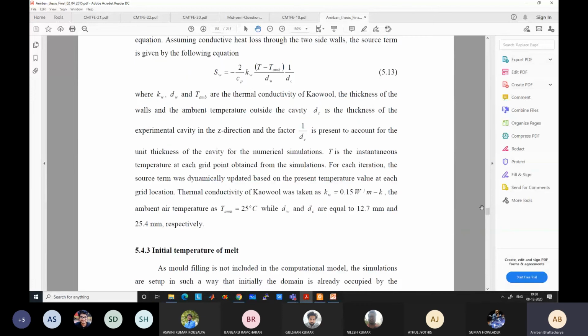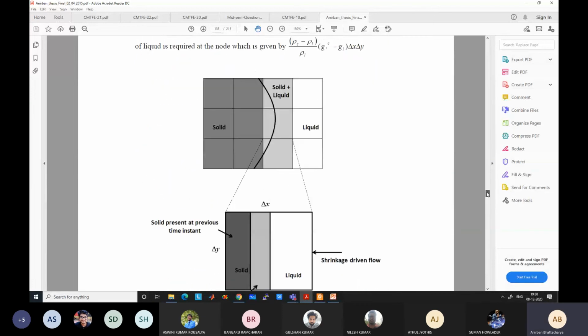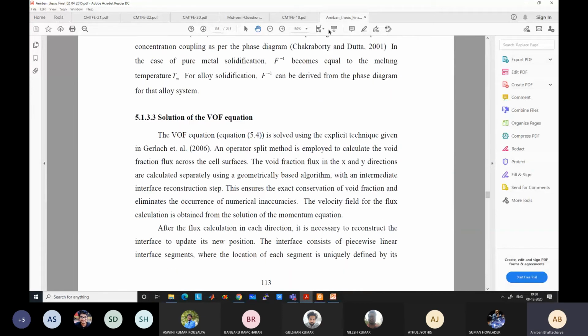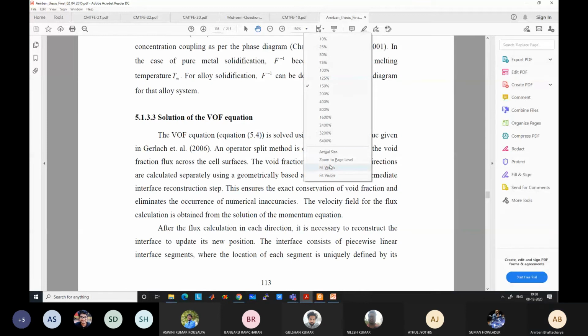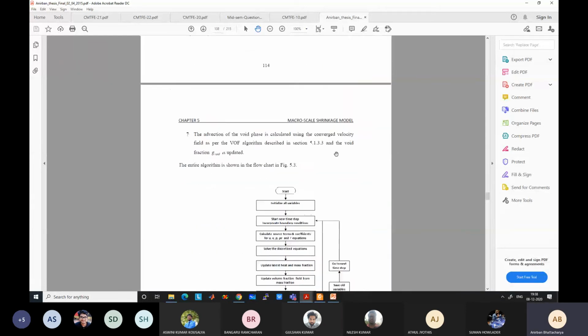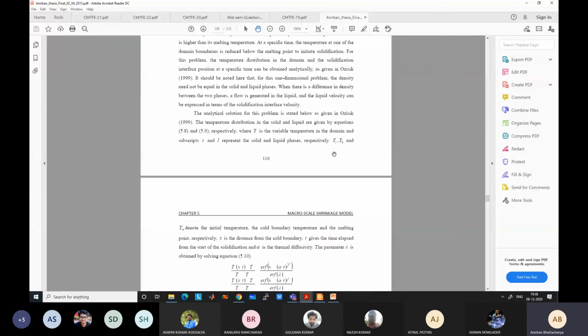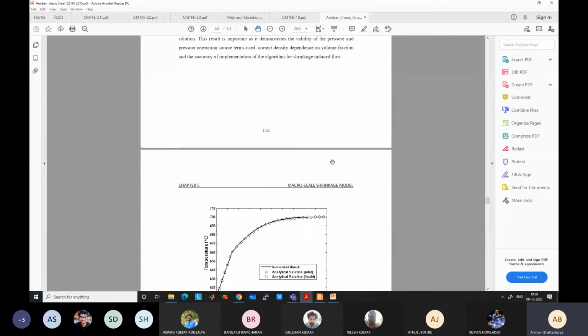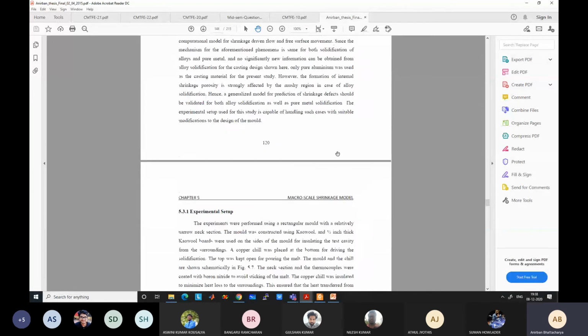May not be present, I think. Should have been there. We have time, so I'm just showing to give you some feel how actual CFD results look like.